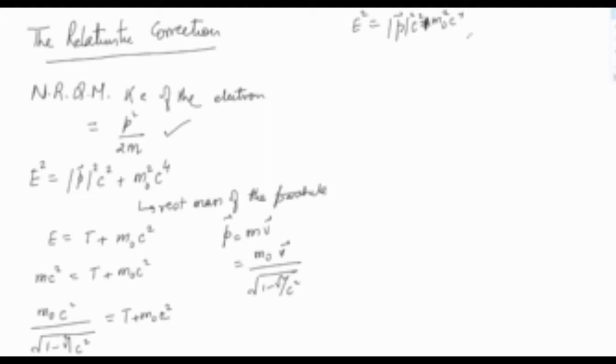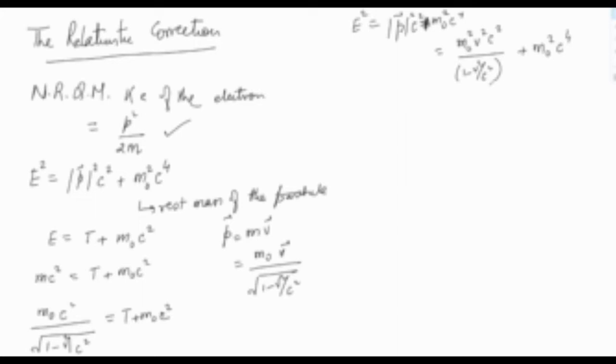Therefore, when I am talking about P square, this will be m naught square v square by 1 minus v square by c square, from here, and then you have a c square plus m naught square c4.